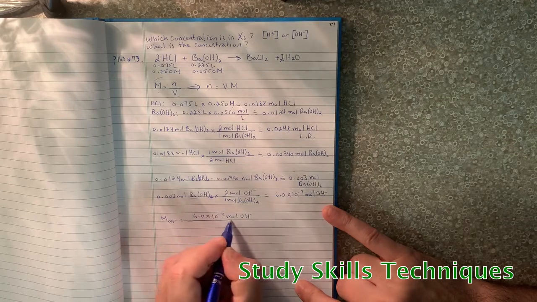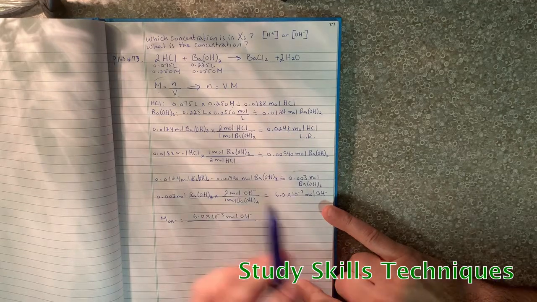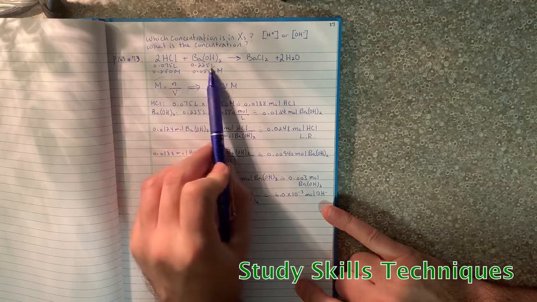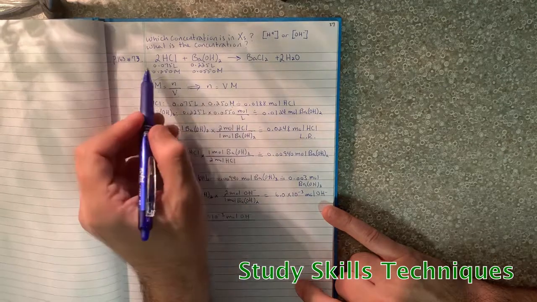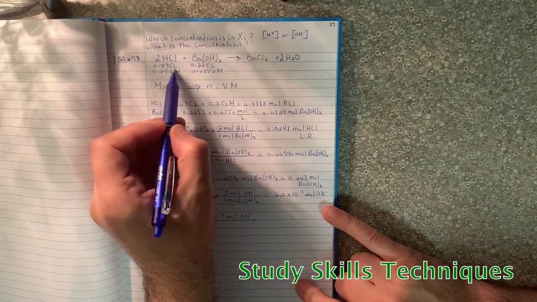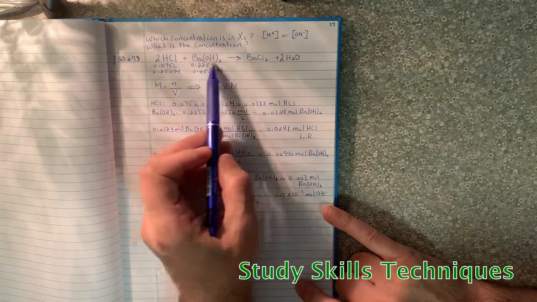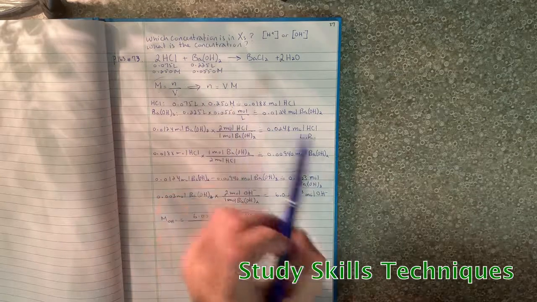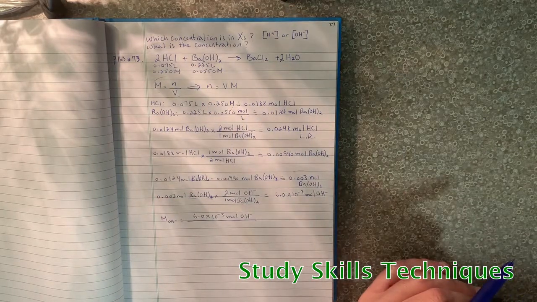But now the question is, what is the volume? The liters of solution would be the combined initial volumes, the 0.075 liters from the hydrochloric acid aqueous solution, and then we add it to the 0.225 liters that comes from the barium hydroxide solution.